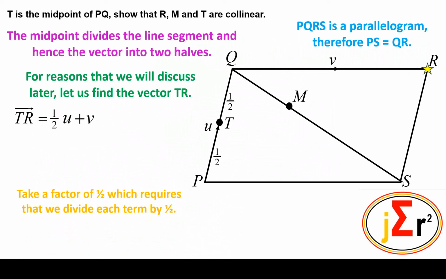Now, we will write this taking a common factor of a half. If we take out a common factor of a half, it means that each term will be divided by a half.